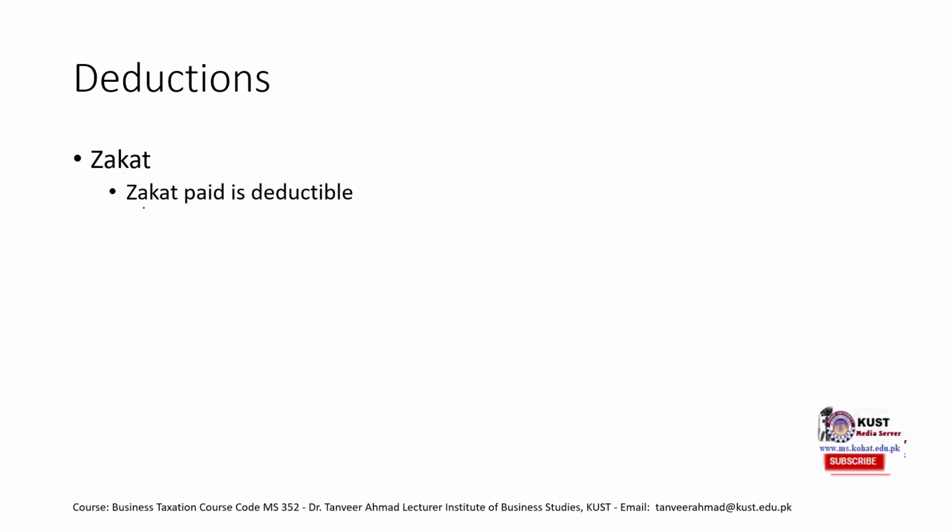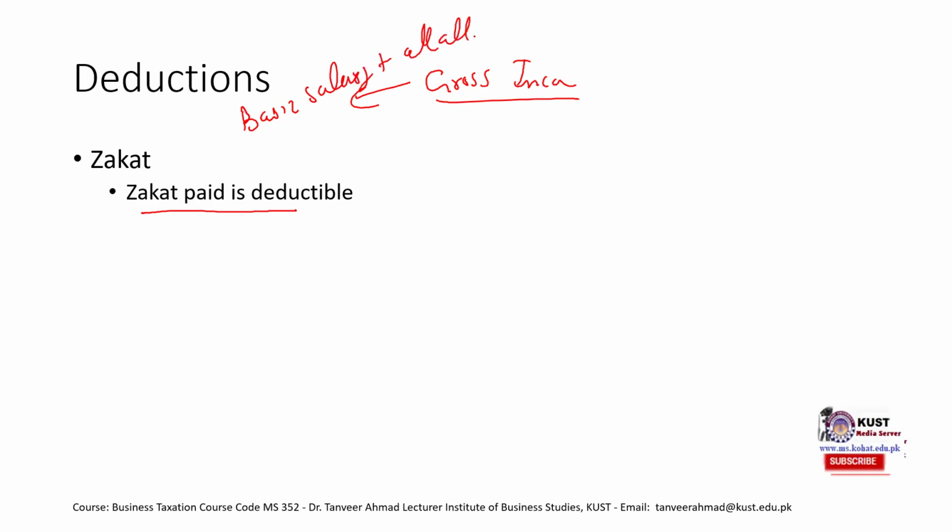So zakat paid is a deductible allowance, right? Whatever is our gross income, remember what gross income was. It is basic salary plus all allowances. This would become our gross income.